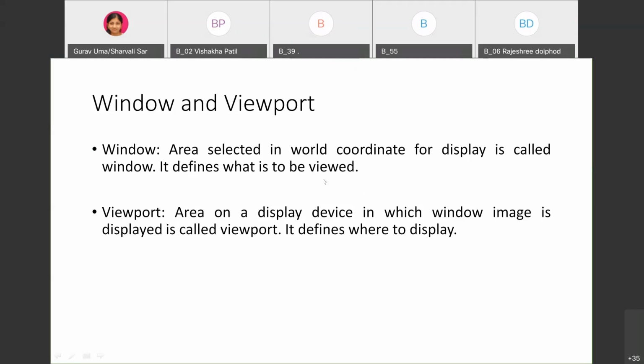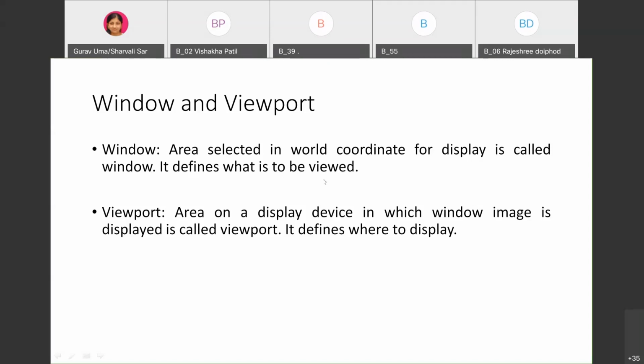Whatever we will be seeing in the window, we will consider it as a real life object, and that real life object can be viewed from a window. So what is to be viewed is defined in a window. So remember, this window is nothing but area selected in world coordinate for display, and it defines what is to be viewed.